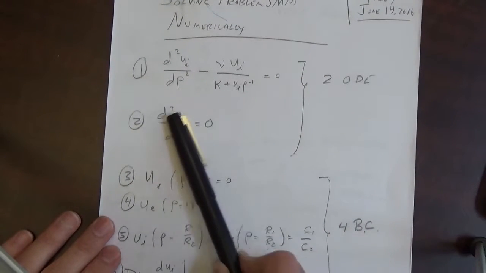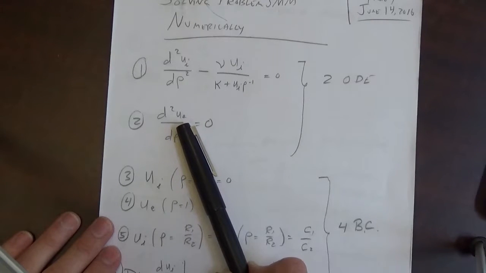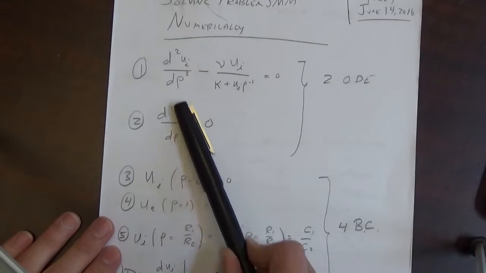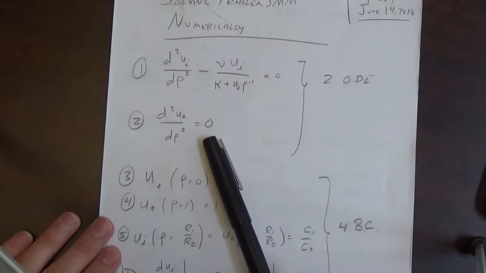And then the second problem is the exterior problem, which I'm categorizing as u sub E for external, and that's just simply the second derivative of u sub E with respect to rho is equal to 0.